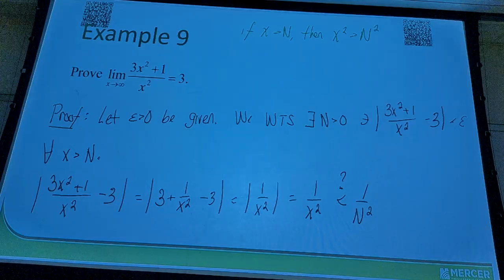I know there's stuff with negative numbers, but also between 0 and 1, if you take a value less than 1 and square it, it gets smaller. Which means for values of x between 0 and 1, 1 over x squared would be larger than 1 over n squared.